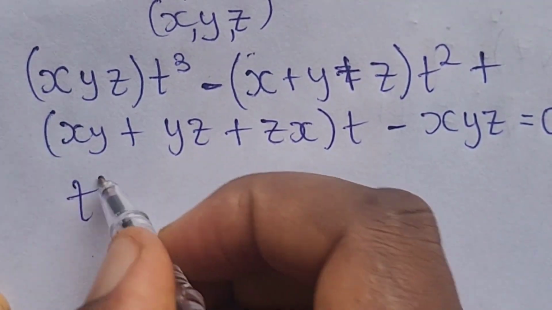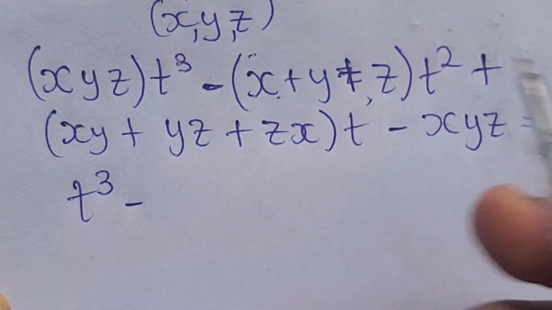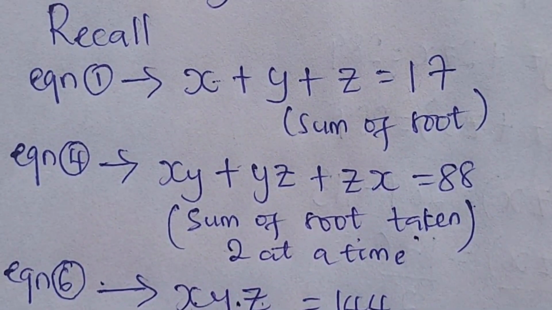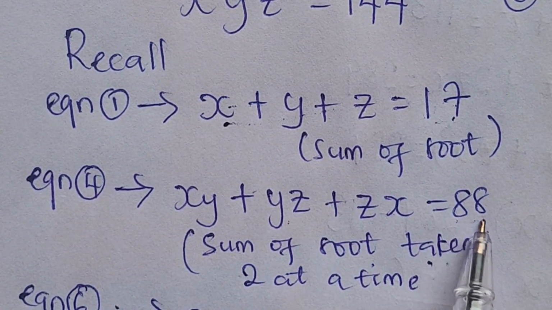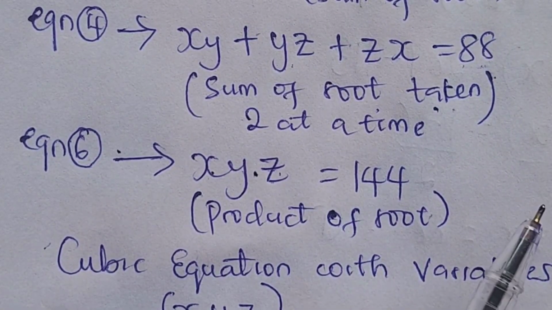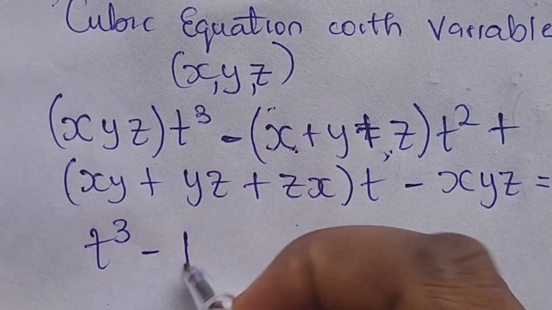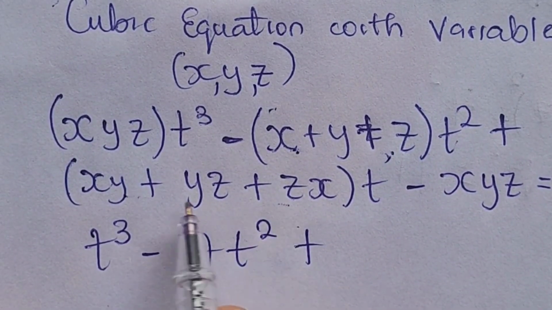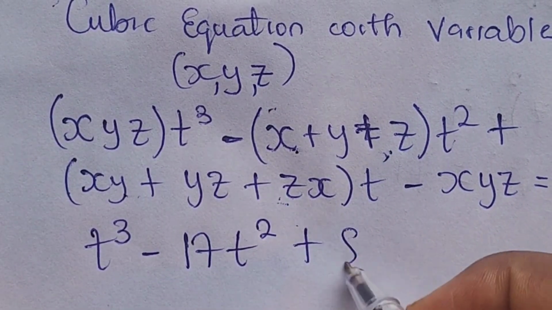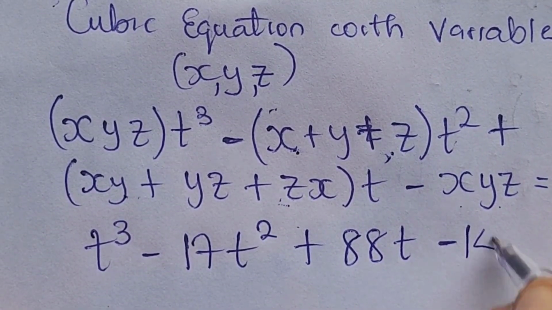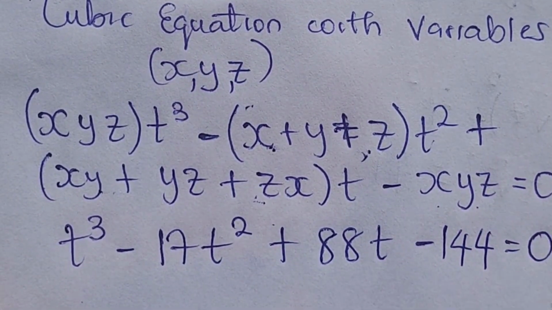So we have t cubed minus 17t squared plus 88t minus 144 equal to 0.